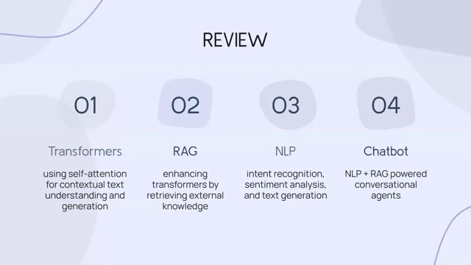We talked about transformers, how they use self-attention to get the context behind what the user has asked, and then build on the answer. We have RAG, which takes external knowledge and integrates that into the actual prompt so it can generate up-to-date information.